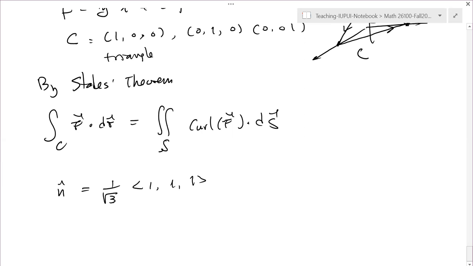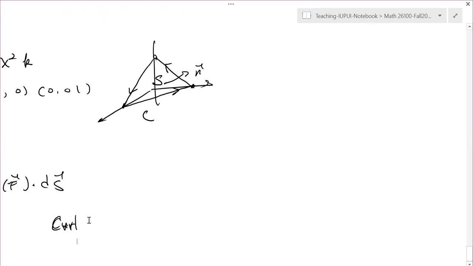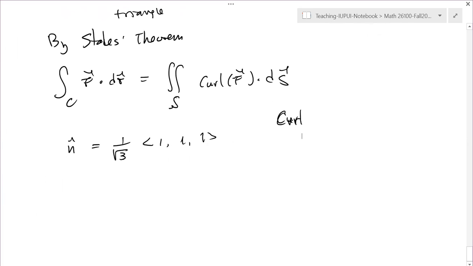So let's compute the curl of the vector field. Hold on, my screen, okay, freeze, now this works. All right, so let's compute it: i, j, and k.